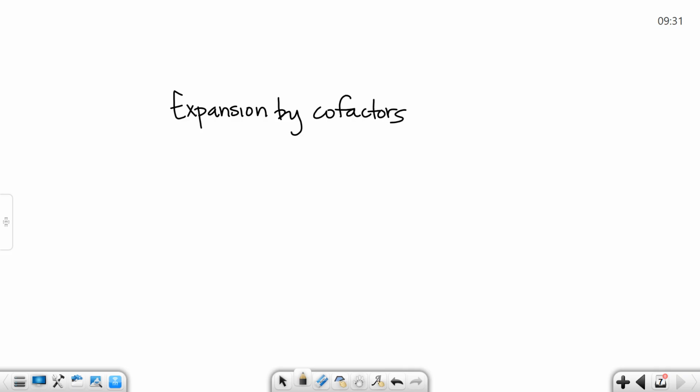Now, the book calls it expansion by cofactors of the first row, and I will tell you where you can find that in your book so you don't have to copy it down for me. It is the definition of the determinant of a square matrix. For my textbook, it's on page 112. So if you need that, that's where it's located.